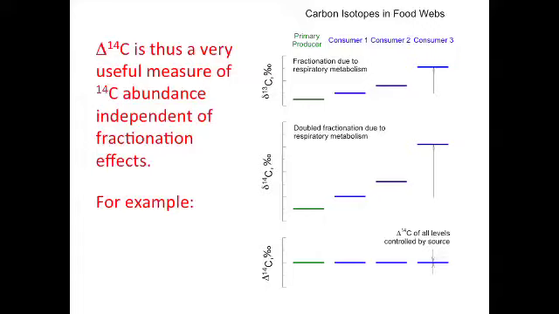This means that big delta carbon-14 looked at, for example, in a food web, is a beautiful measure of the isotopic carbon-14 abundance in the source. And it's unaffected by trophic effects. You want trophic effects? Use carbon-13. This measure of carbon-14, the big delta, is very, very useful in many biogeochemical applications.